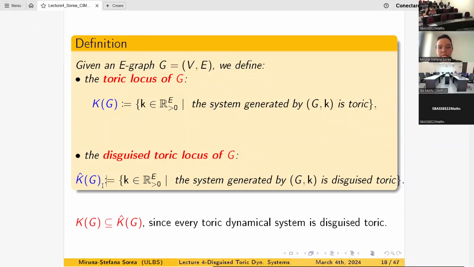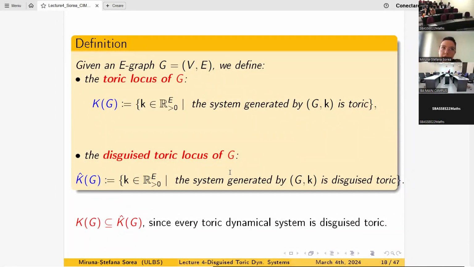I'm just confused about the definition, because the disguised toric locus is the toric locus of the graph that is the realization of the system, or sorry, when the system is realized by a graph, then we take the toric locus of this graph. Is that what the disguised toric locus is?